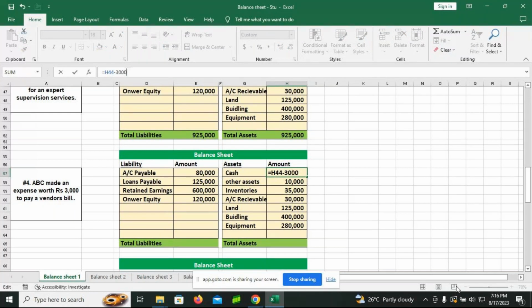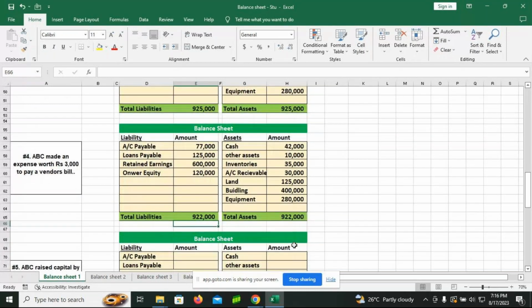Vendor bill means account payable, so I will reduce minus 3,000 from here. So cash I have to reduce 3,000 and here I have to reduce 3,000. So it will be alt equals, so 9,22,000.